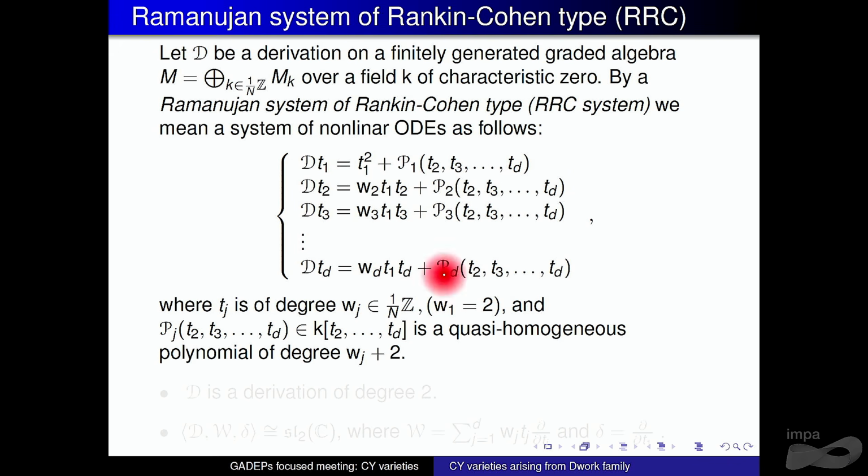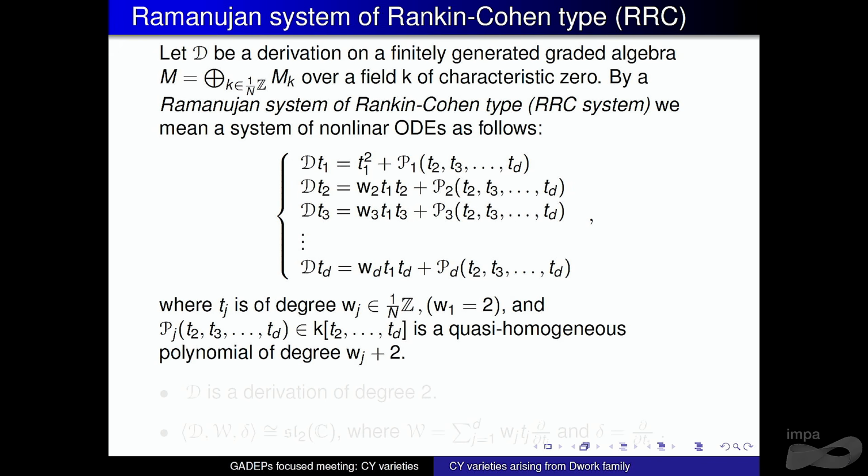So we are calling this kind of system a Ramanujan system of Rankin-Cohen type, or just an RRC system. In a few minutes, you will see why Rankin-Cohen appears here. But what are the properties of the system?